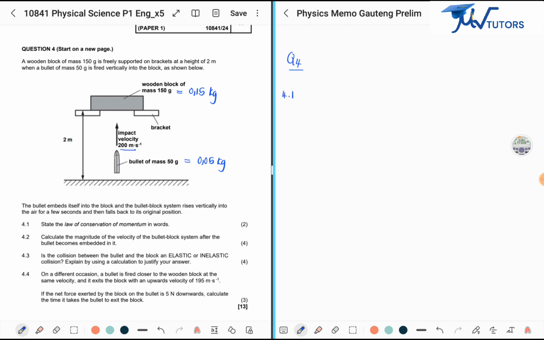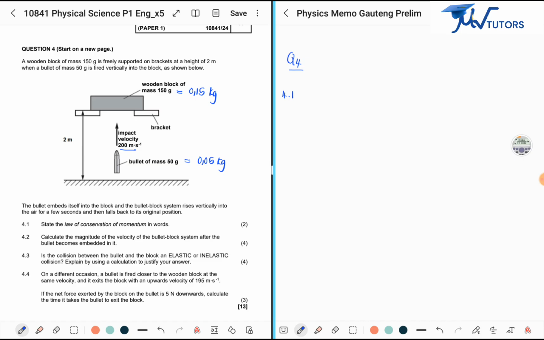So it says the bullet embeds itself into the block, and the bullet block system rises vertically into the air for a few seconds and then falls back to its original position. And the first question: state the law of conservation of momentum in words. So that law says the total linear momentum of an isolated system remains constant.